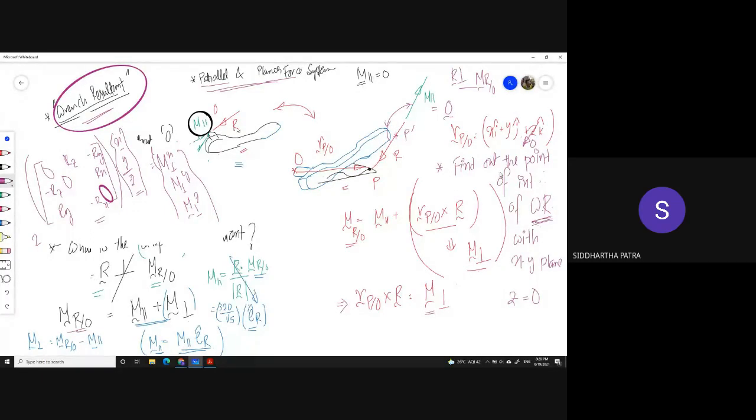That's not a problem. But it cannot be a plane parallel to the resultant itself. It can be any other plane. Now you can say that there are an infinite number of such planes.